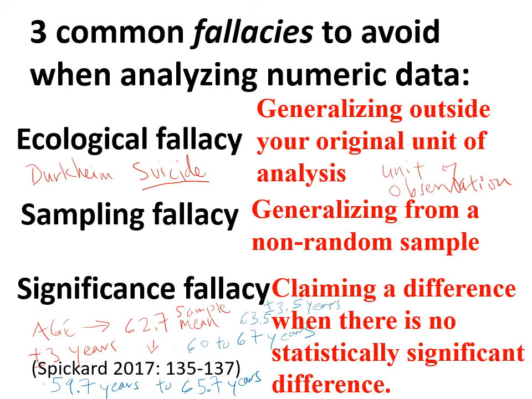Okay, so I'm probably belaboring this point. This isn't something you really need to pay much attention to at this stage in your career, but in a stats course, you'll learn more about that. And Spickard comes up with this wacky term, significance fallacy, that's a useful shorthand for remembering this common problem.